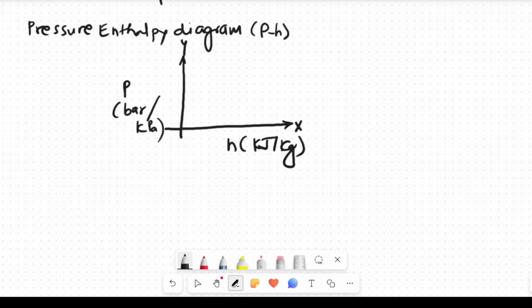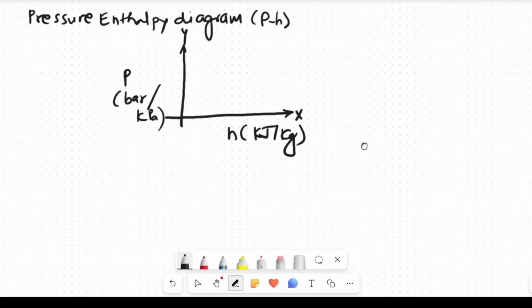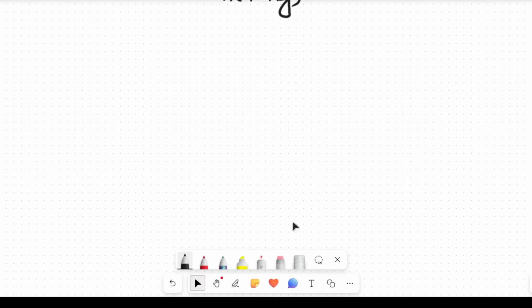Now understand, friends, every refrigerant has a different enthalpy diagram. We show the refrigeration cycle, and the refrigeration cycle we are talking about here is the vapor compression cycle.